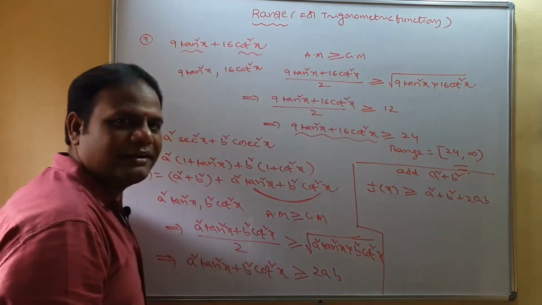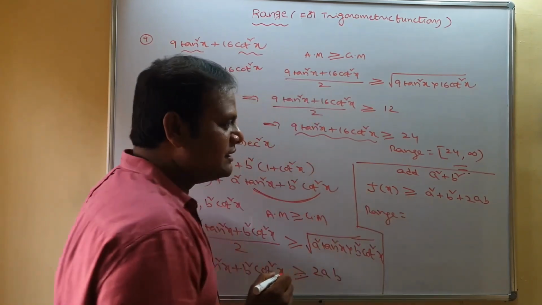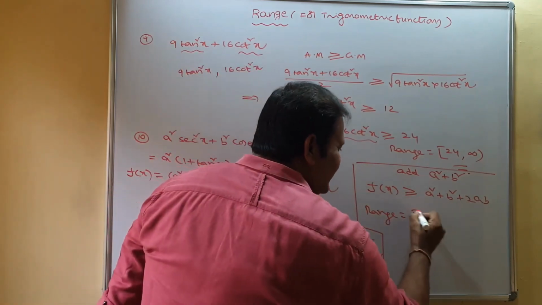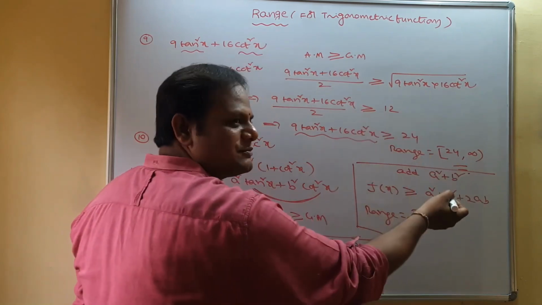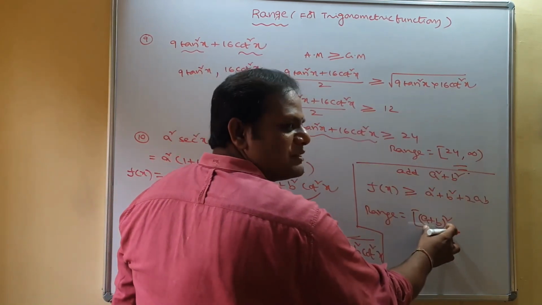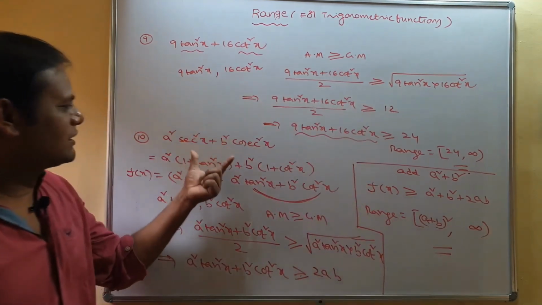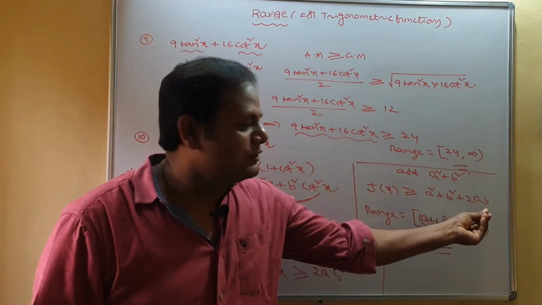Right. Can you tell what is the range now? The minimum value is this. Is it a plus b whole square? Yes, a plus b whole square. So f of x is greater than or equal to (a plus b) whole square, and the range of this function is the closed interval (a plus b) whole square to infinity.